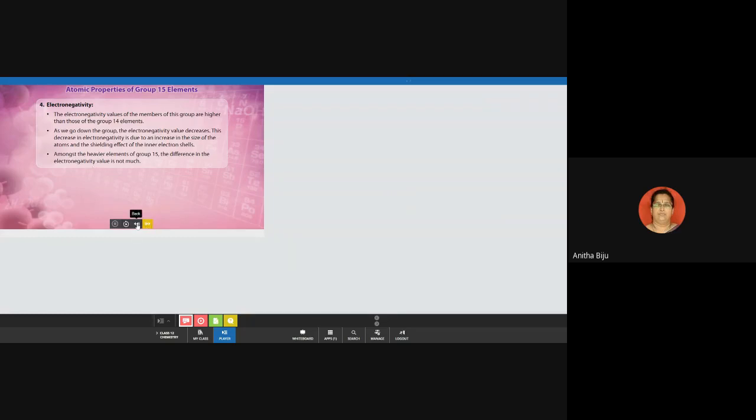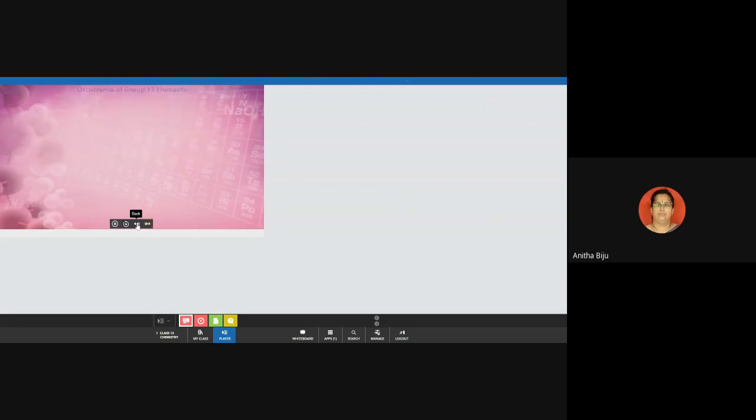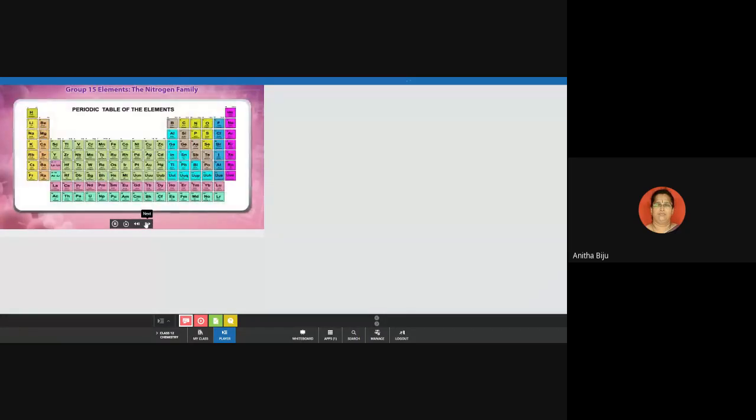We are going back to the periodic table once, because we need it for a minute. Look at the periodic table before coming to the 15th group. You can see that transition elements are there. Transition elements means the d subshell is filling.